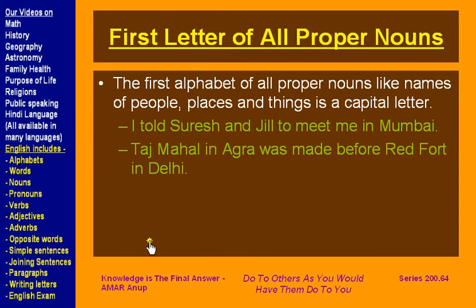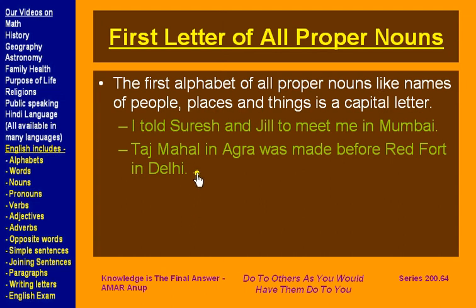First letter of all proper nouns is capitalized. You can learn more about nouns in our presentation on nouns. There are two types of nouns, common nouns and proper nouns. Proper nouns identify a place, person or thing, and with a proper noun we exactly know who we are talking about.